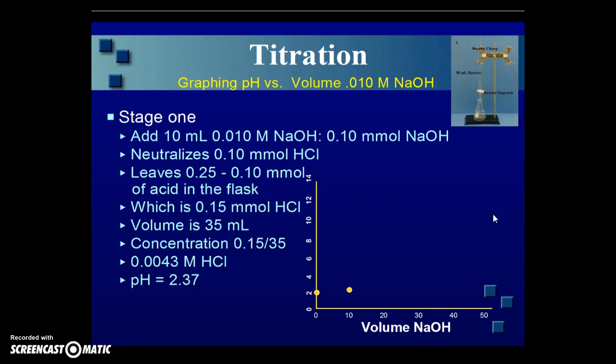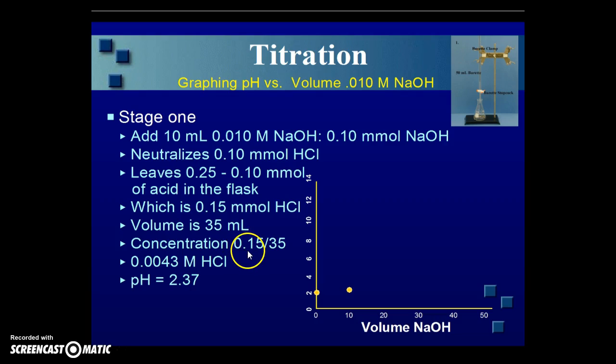At stage 1, we're going to add 10 milliliters of 0.01 molar sodium hydroxide. That's 0.10 millimoles of sodium hydroxide, 10 times 0.01. This is going to neutralize 0.1 millimoles of the hydrochloric acid. So we subtract that from the original 0.25 millimoles, and that gives us 0.15 millimoles of hydrochloric acid in the flask in a volume of 35 ml.